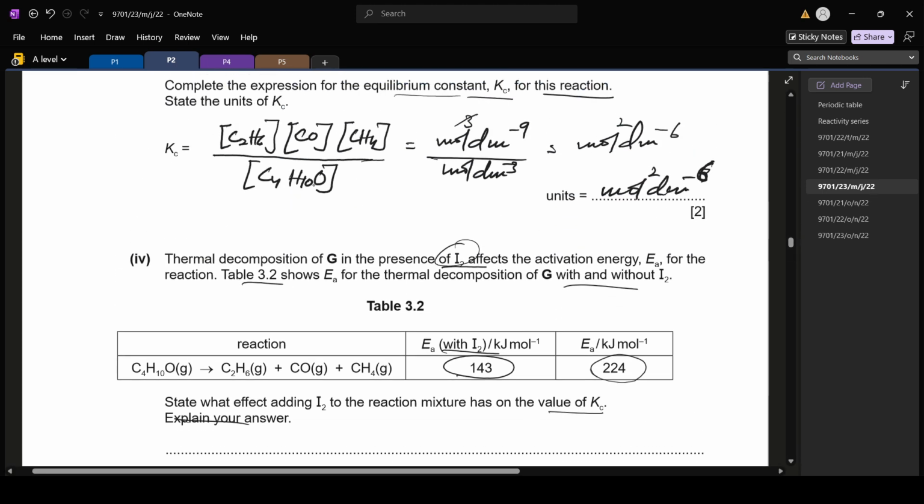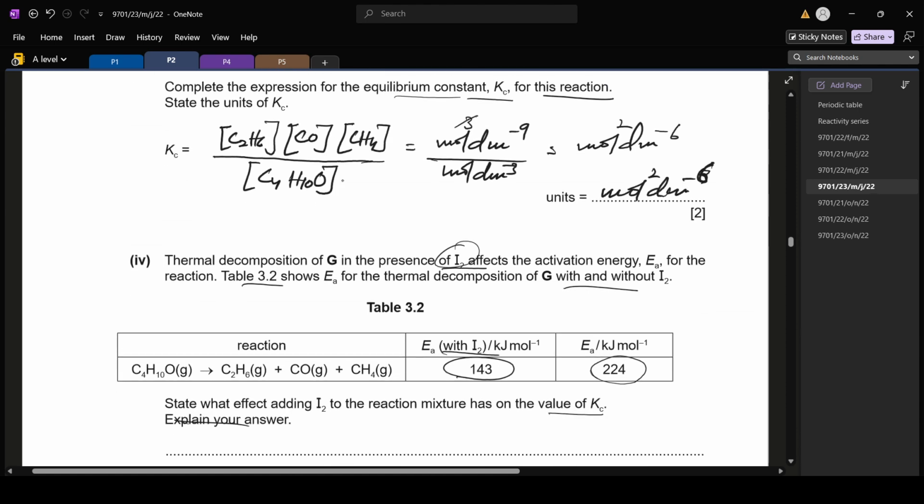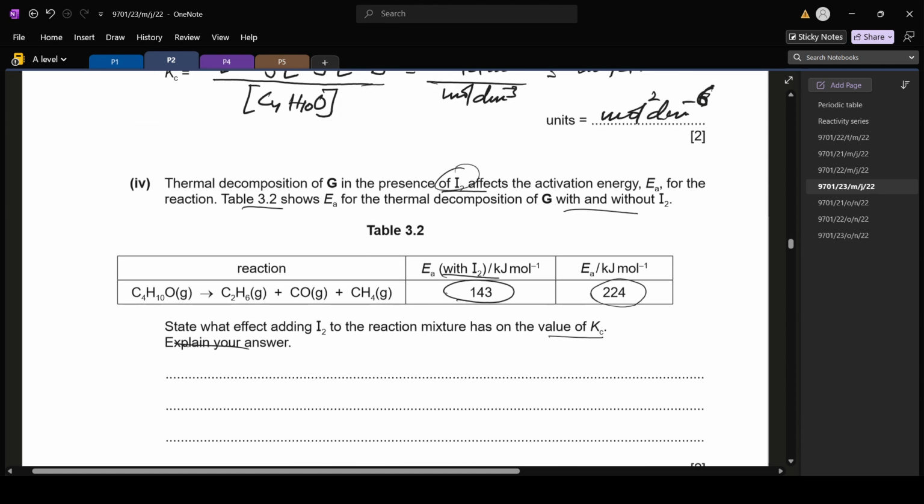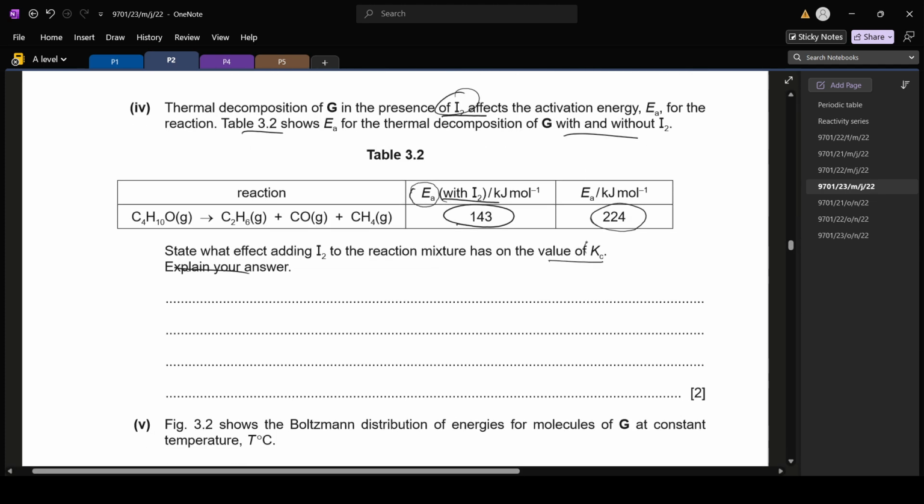Explain your answer. Here you can see that the iodine is behaving as a catalyst, because a catalyst decreases the activation energy by an alternative path. So with iodine the activation energy is low, so iodine is behaving as a catalyst, and catalysts have no effect on the value of Kc.